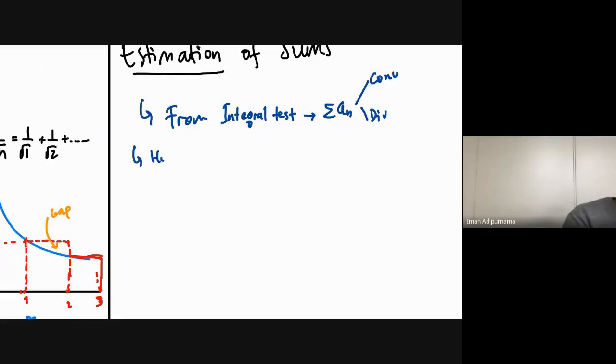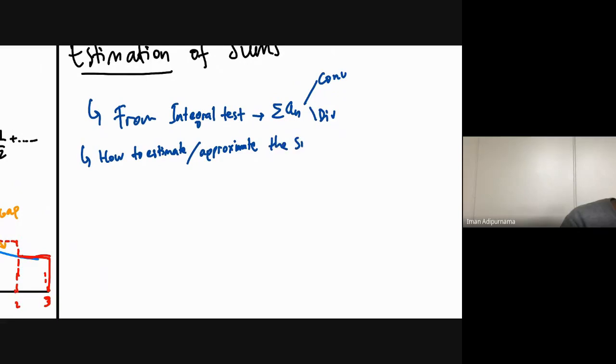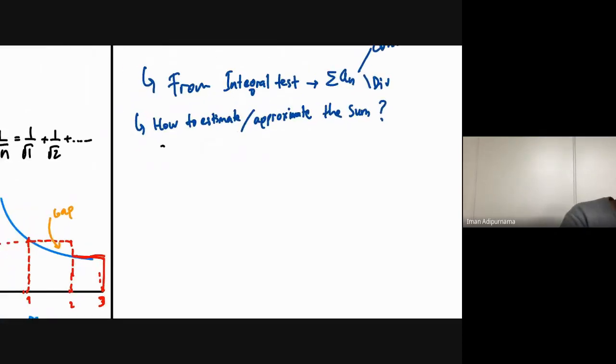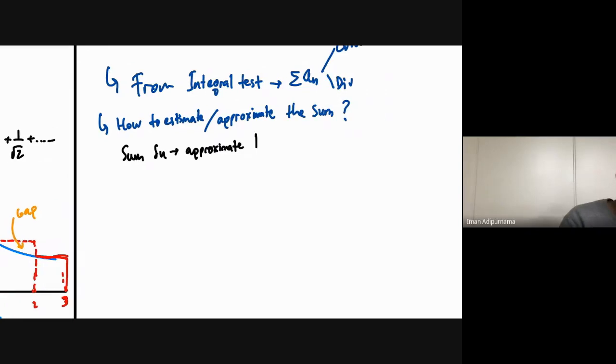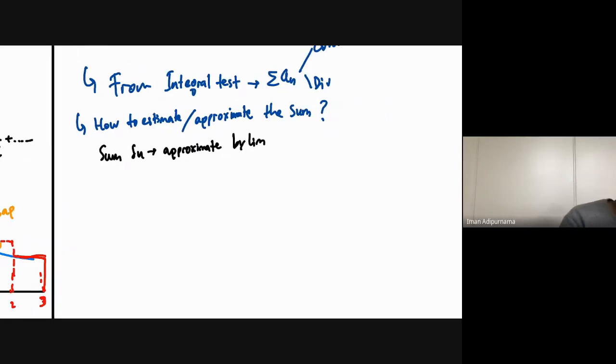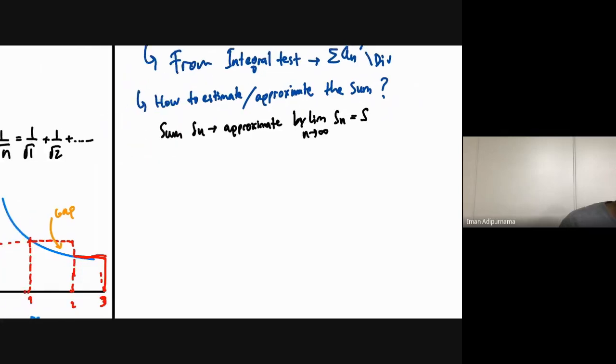And then how to estimate or approximate the sum. The sum we can approximate with a limit, of course. Let's say the estimate value is s.